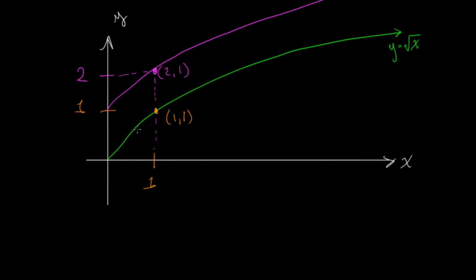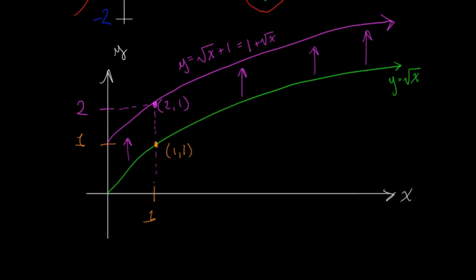The relationship is that this is y equals square root x plus 1, or 1 plus square root x, and they are equivalent. The only difference between the purple graph and the green graph is that the purple graph is translated upwards by 1 unit, and that's really their only relationship.